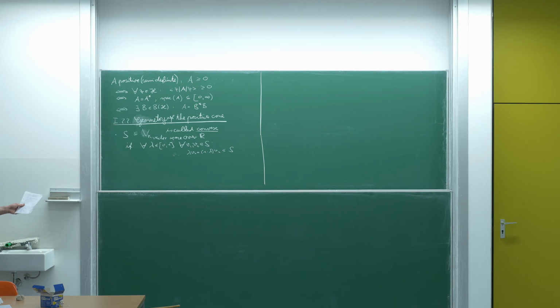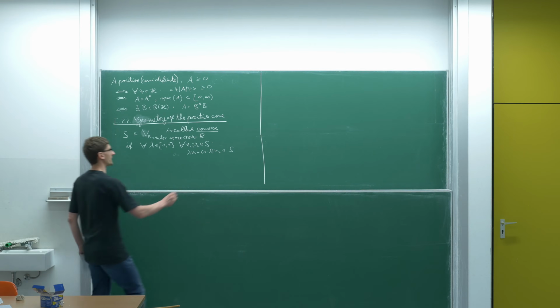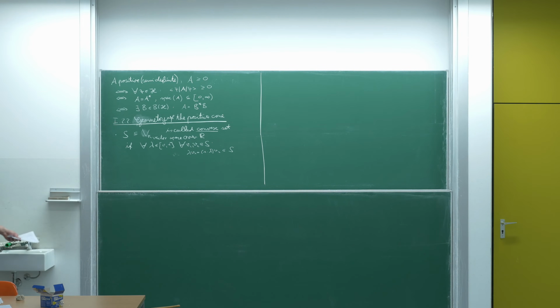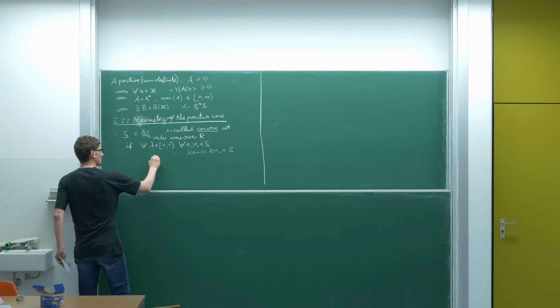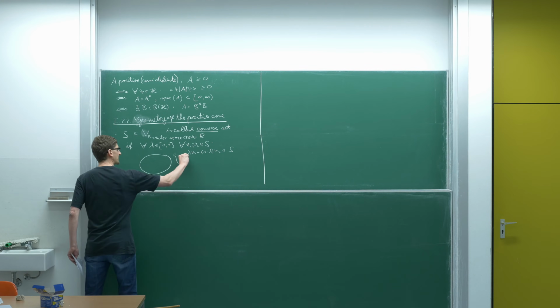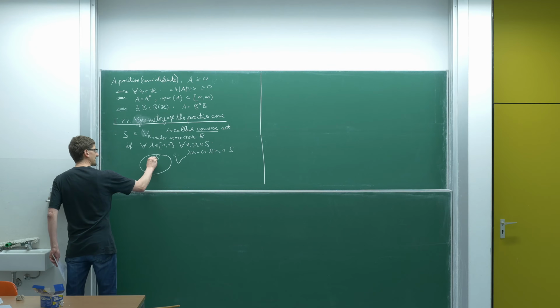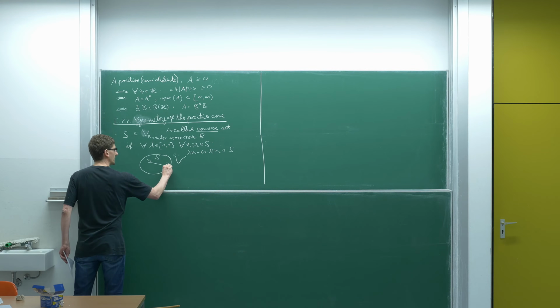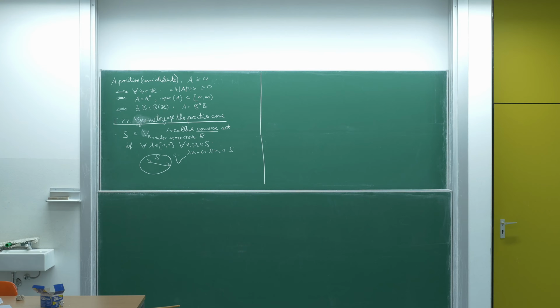So this is what is called a convex set. This means that we have a vector space and we have the set S, and the line between any two points V1, V2 is fully contained within this set.